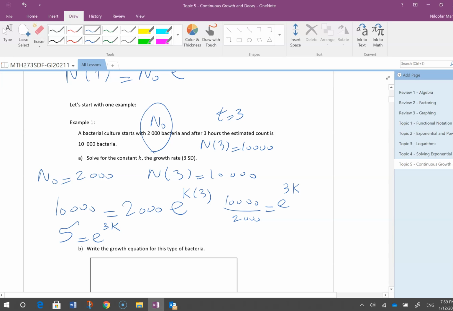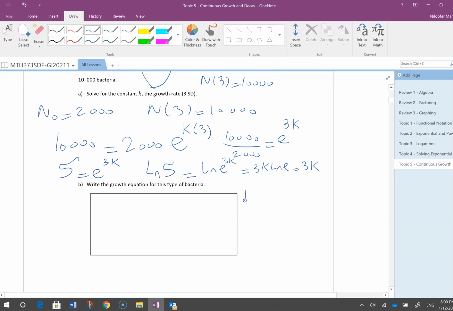How can I release 3k, which is in the power? Yes, I have to take ln of both sides because I have e. Same as topic 4. So ln 5 is ln e to the power 3k, which is 3k ln e, which is 3k, because ln e is 1. So what is k then? k is ln 5 divided by 3. That's exact.